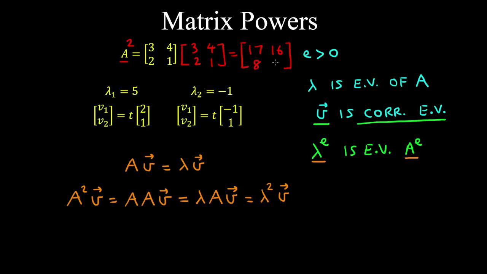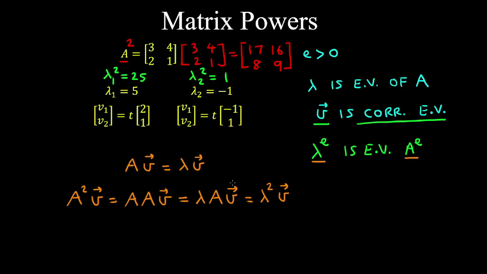And 8 plus 1 is 9. So the eigenvalues of this matrix A squared are obtained by squaring the eigenvalues of A. So we get lambda 1 squared is 25. And the other eigenvalue squared is 1.